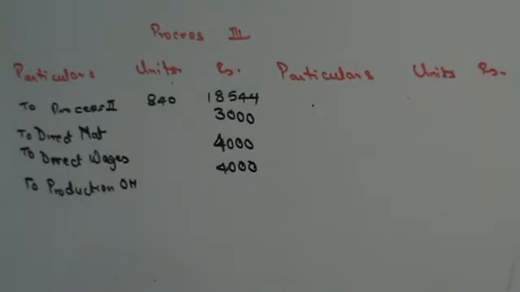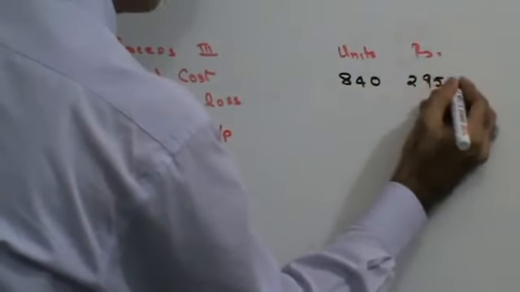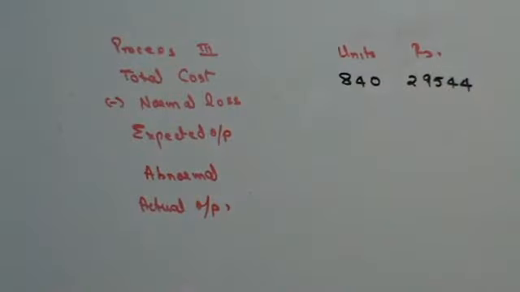When I add this, 18,000 plus 8 is 26, 26 plus 3 is 29. So this is going to be 840 units and 29,544. Fine.